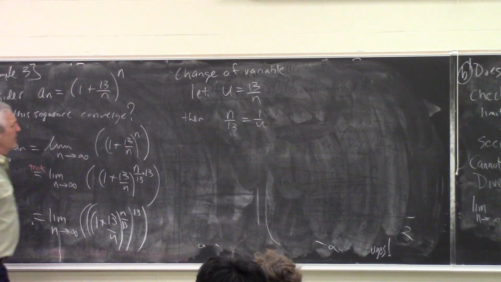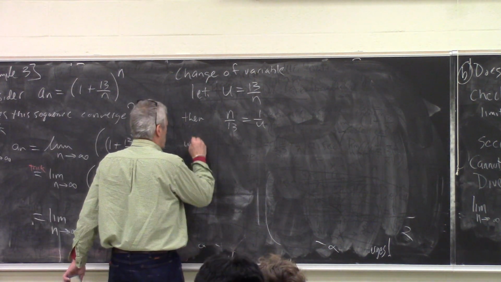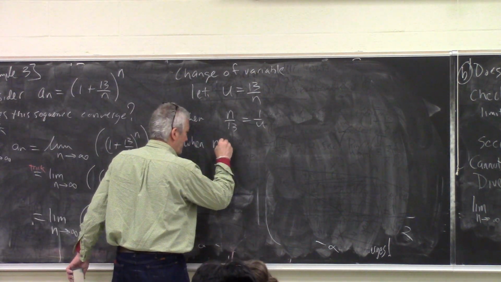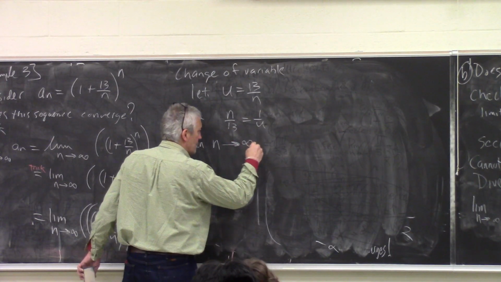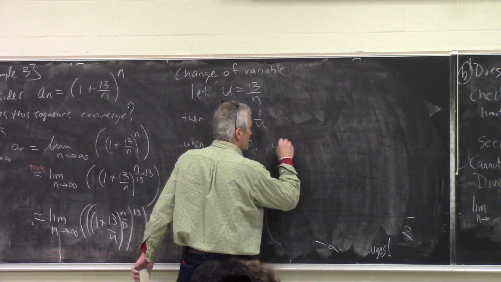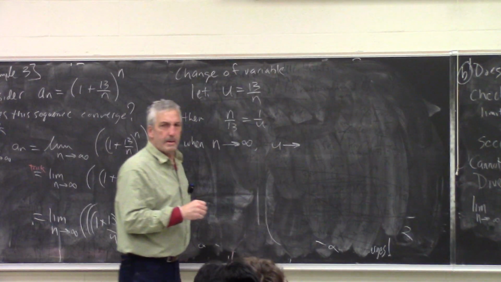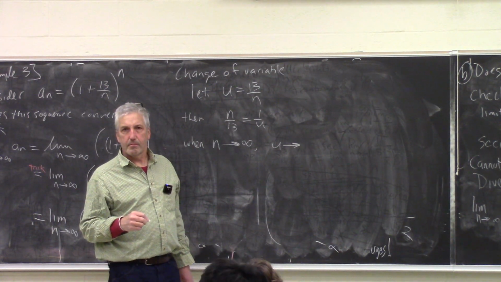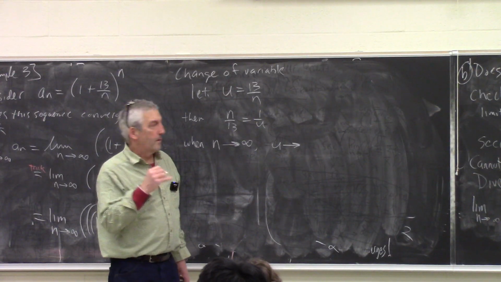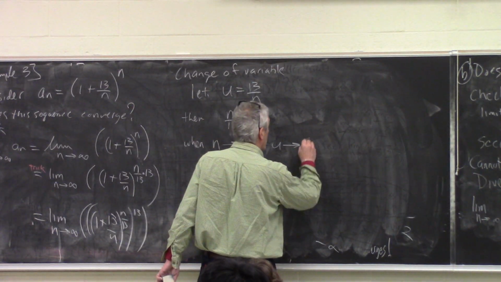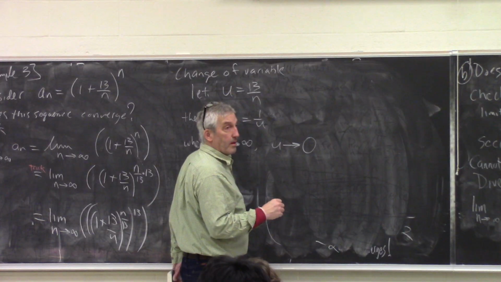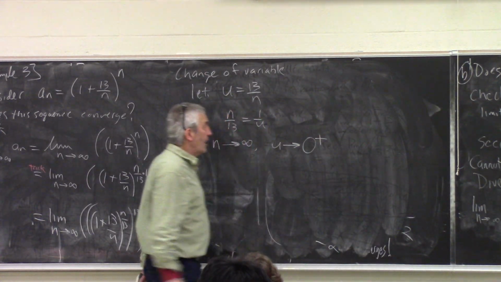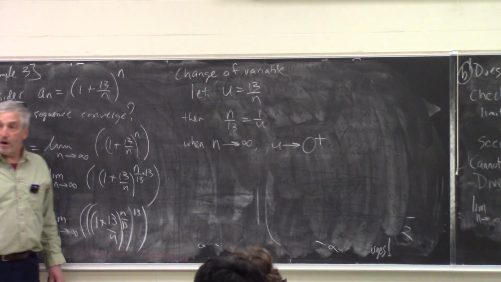And also, when n goes to infinity, what does u do? It approaches 0, but say more than that. From the positive side. I'm dividing 1 by a huge positive number.